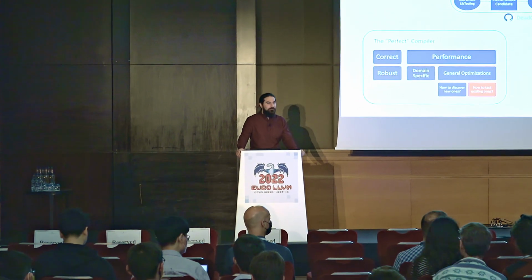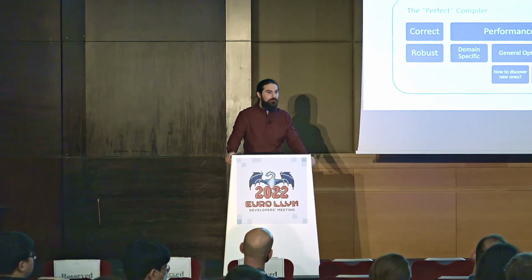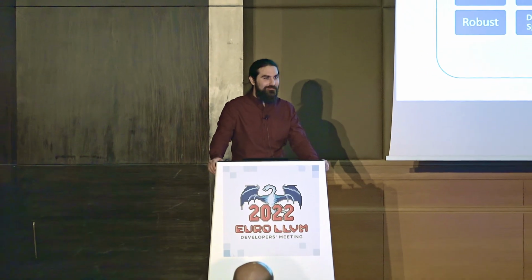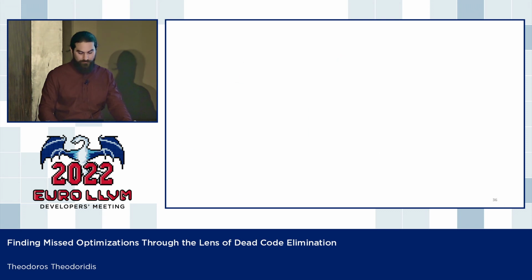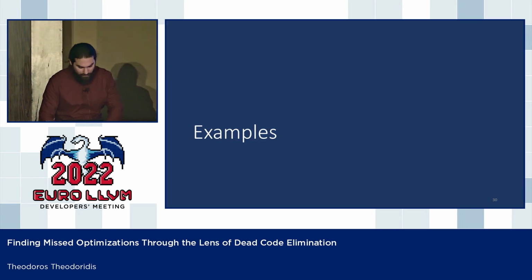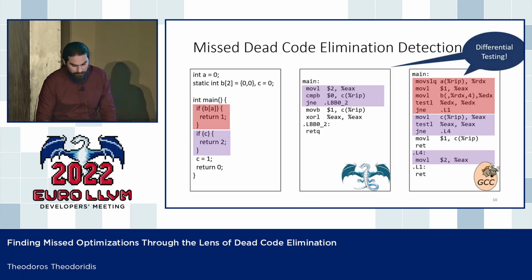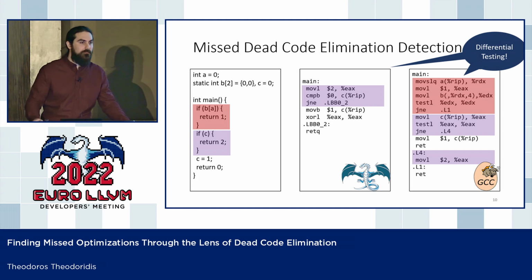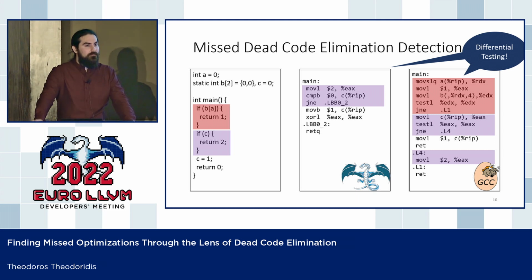Thank you for your talk. I think this is a really useful tool. But could you go back to your example, I think page 10? This one. Yes. I think there is an undefined behavior because the integer a is an externally visible variable.